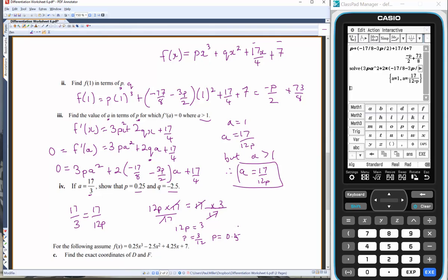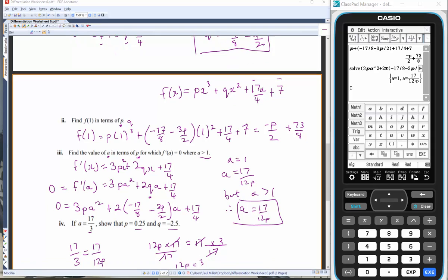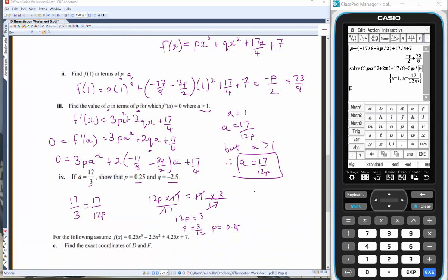Okay, now that's p taken care of. Now how are we going to get q? We've already got a definition of q up there. So q is equal to negative 17 on 8 take away 3p over 2. So we're going to say that q equals negative 17 on 8 take away 3 times 0.25 over 2.